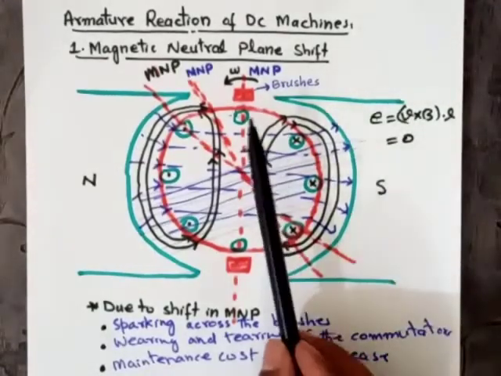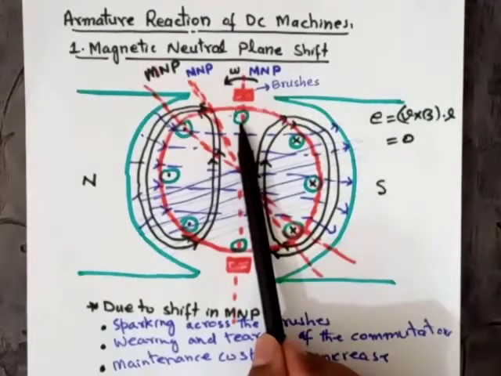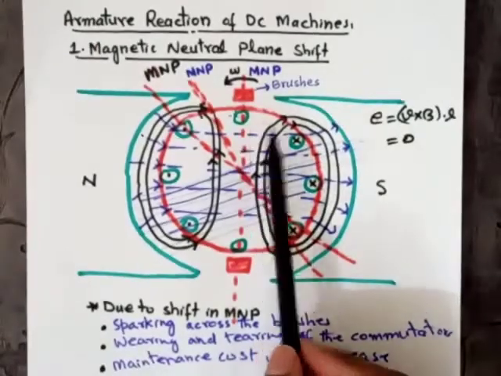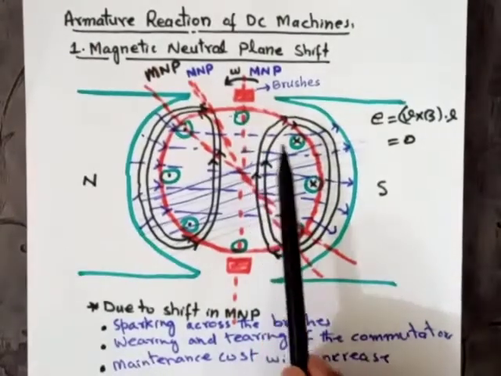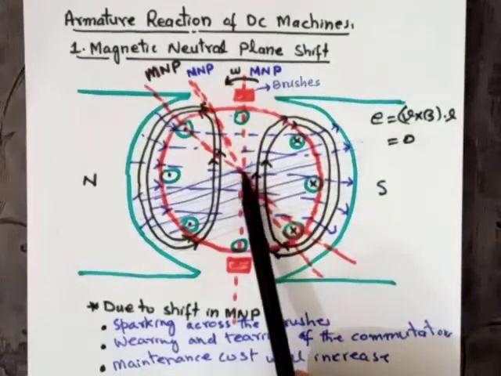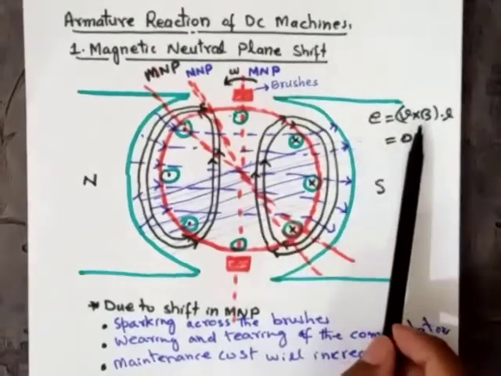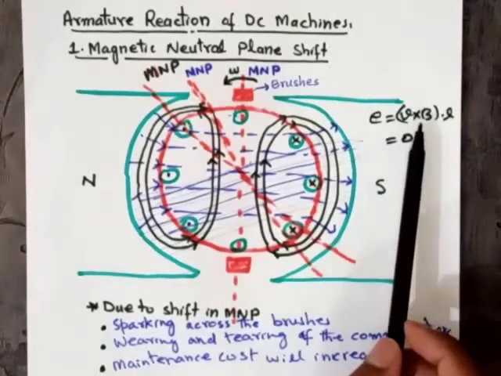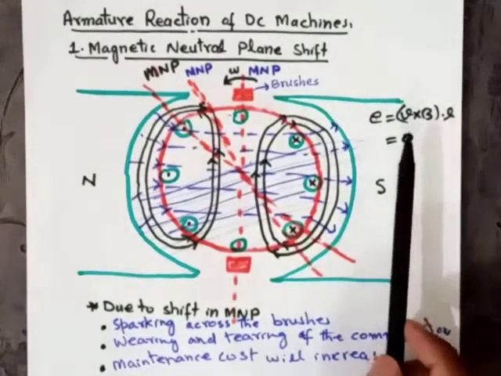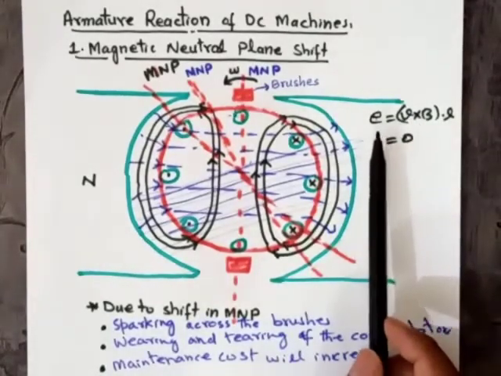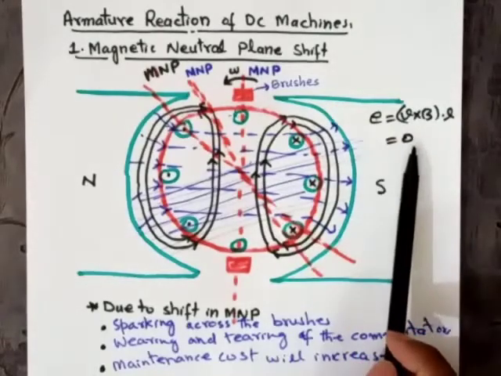At the other conductors, the velocity of rotation of the conductor and the direction of the magnetic field are not parallel. If these are not parallel, then the value of the induced voltage will not be zero.